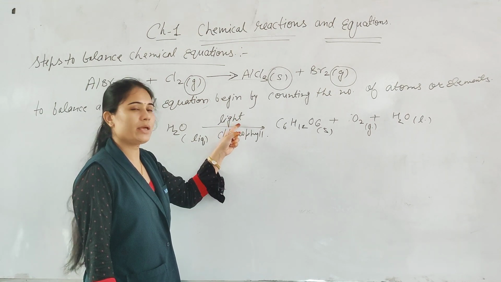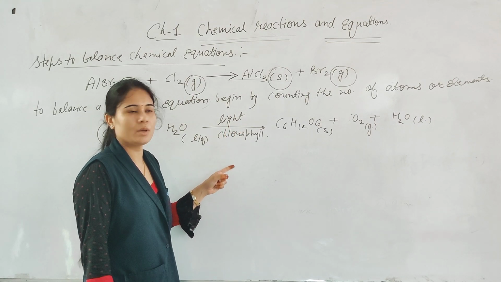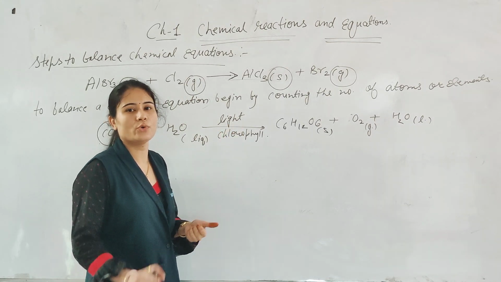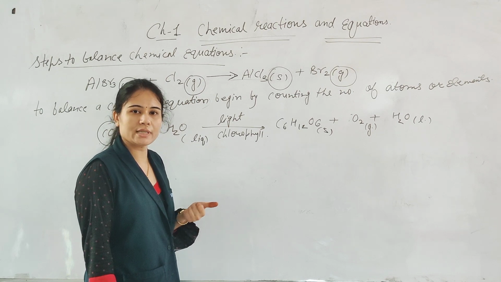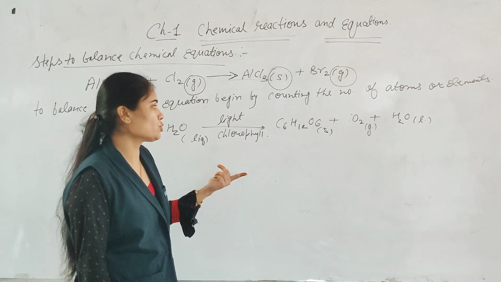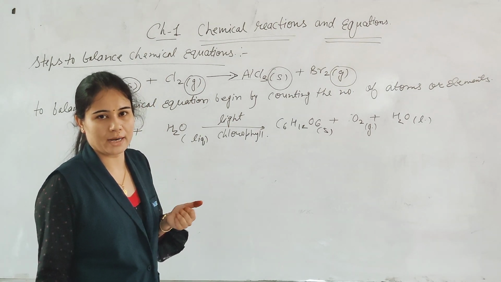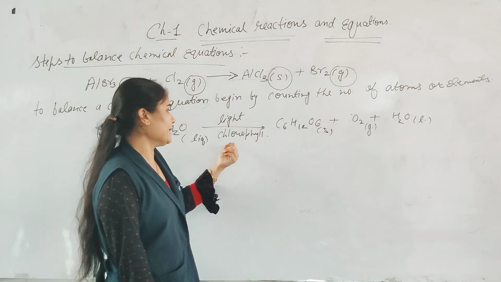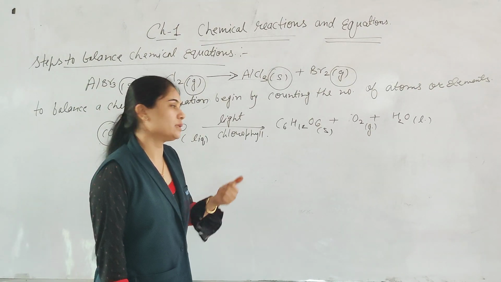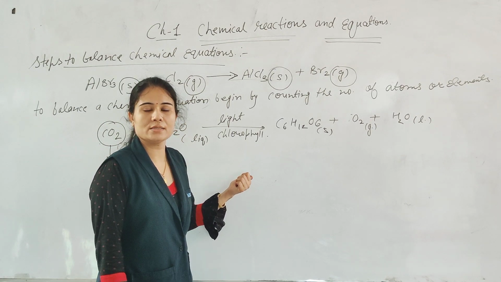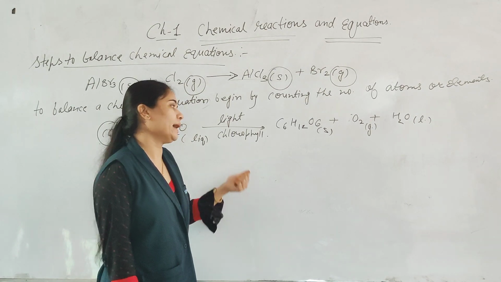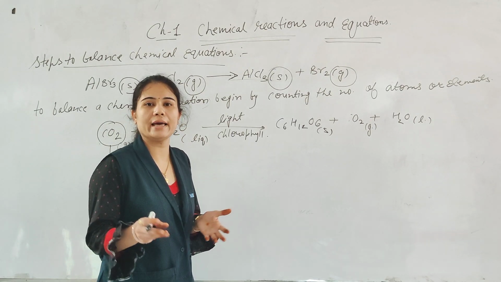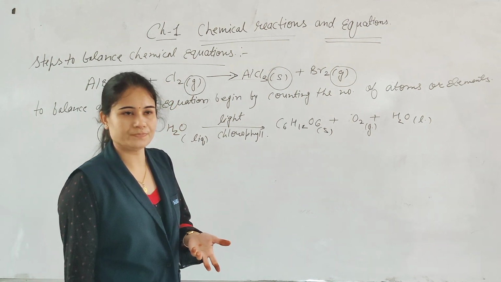Light is very important to complete the reaction because it is important for photosynthesis. Photosynthesis is exactly the source of food formation for the plants. Next is chlorophyll. Chlorophyll is important for the plants because they are green in color, and chlorophyll will help to form food.